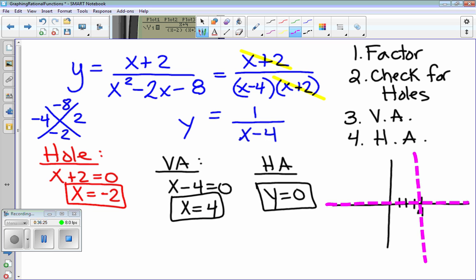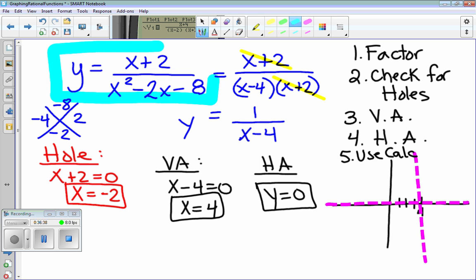Now, step 5, I use the actual calculator to fill in the graph. So plug it into your calculator, plug in the original one, always the original one. So we're going to plug this guy in. Plug it into your calculator and see where the pieces of the graph go. We should have a good estimate that it should look something along these lines.